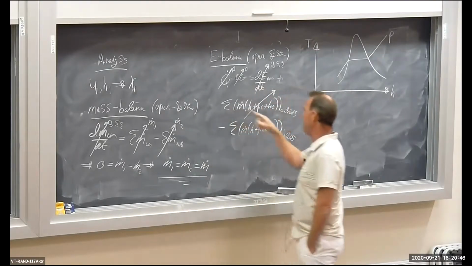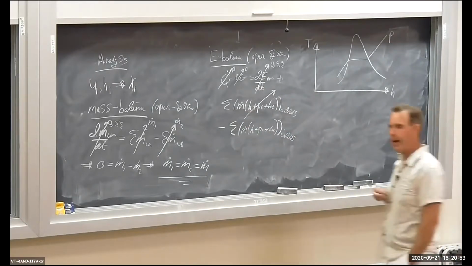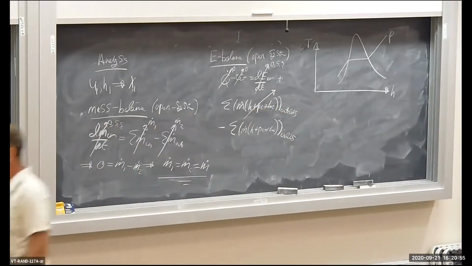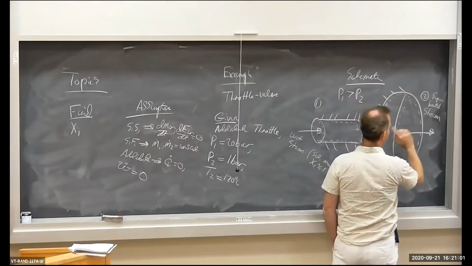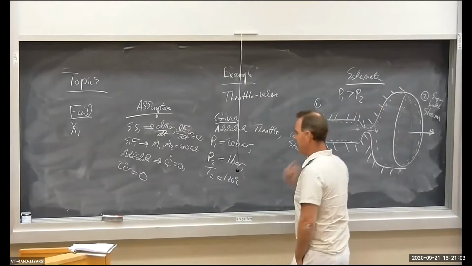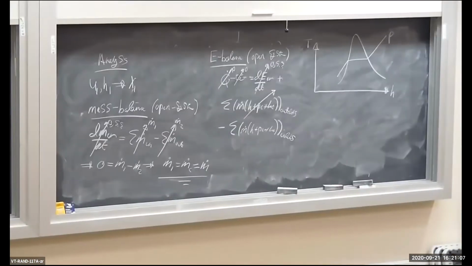The sum of m dot h plus PE plus KE summed over all outlets. How many outlets do we have? Well, as you can see in the diagram, we have one outlet, and that is at location 2. We also have one inlet. That's at location 1. One inlet, one outlet.